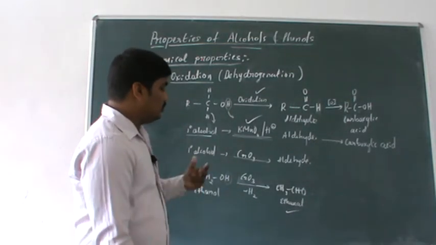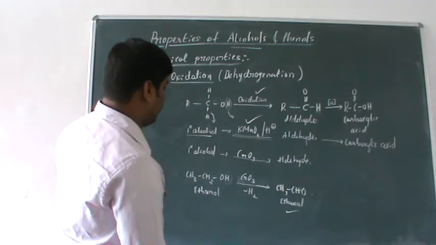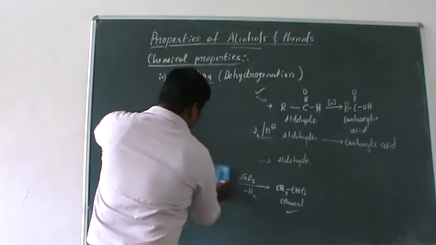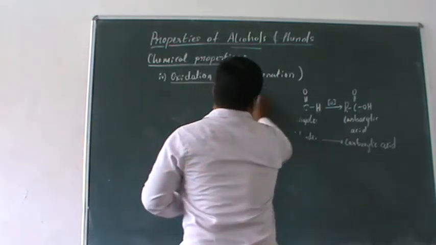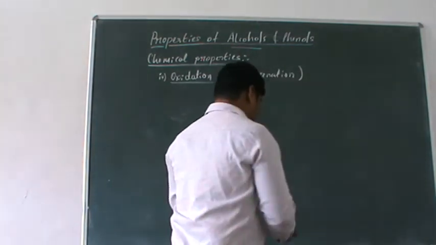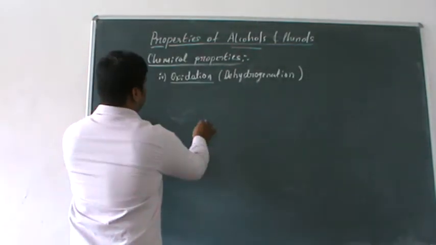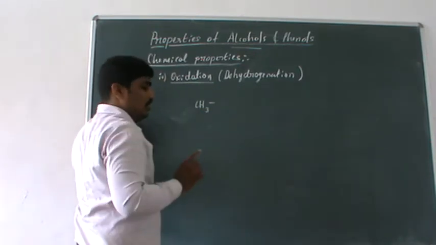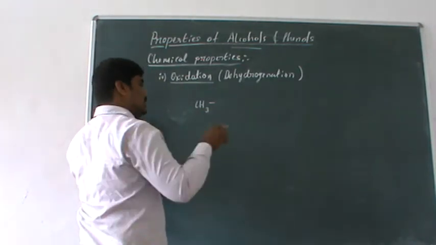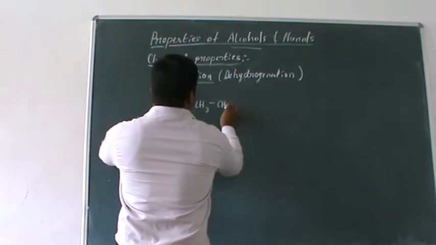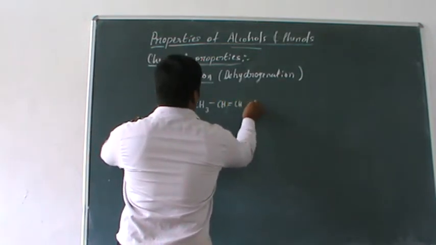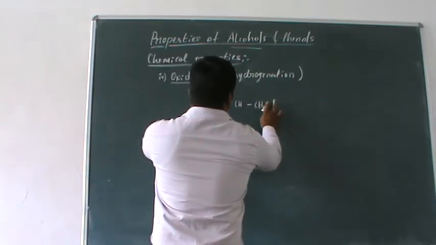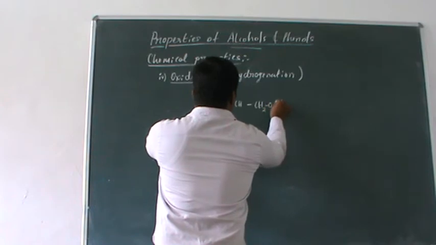Considering another oxidizing agent, suppose we consider PCC, pyridinium chlorochromate, and consider an alcohol containing a double bond: CH3CH=CHCH2OH. What is the name of the compound?